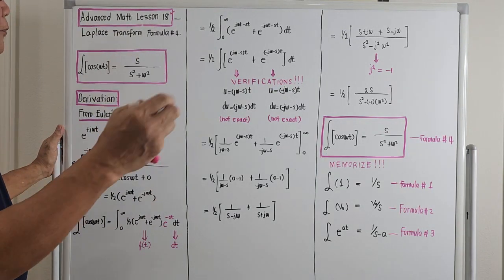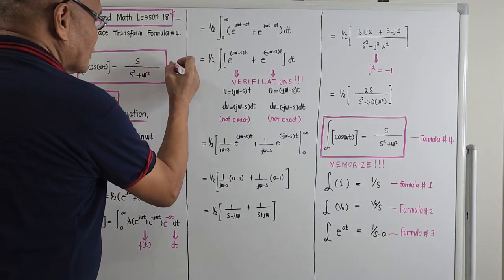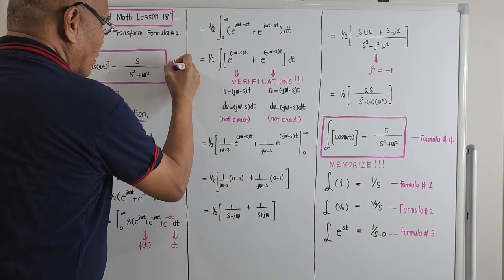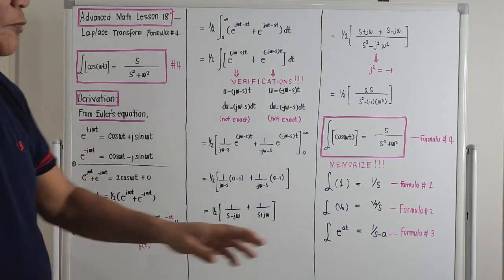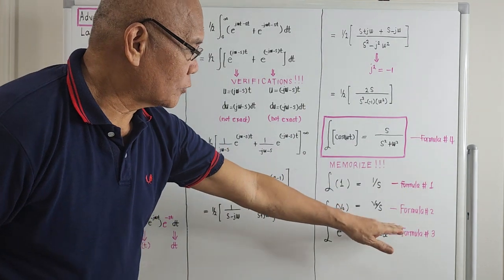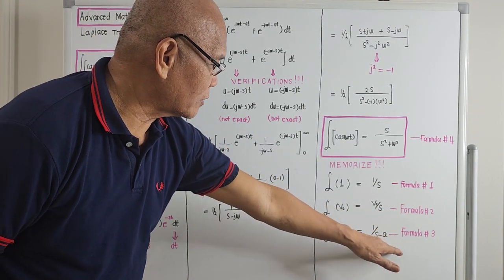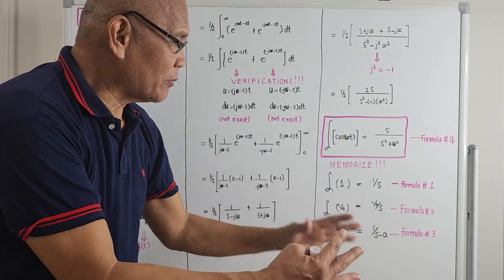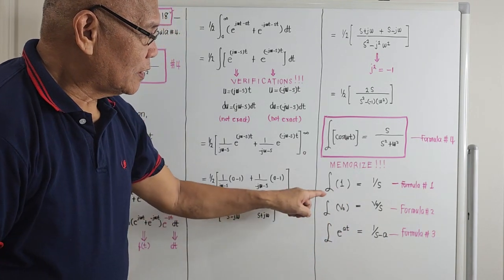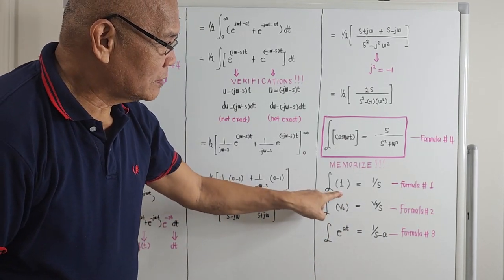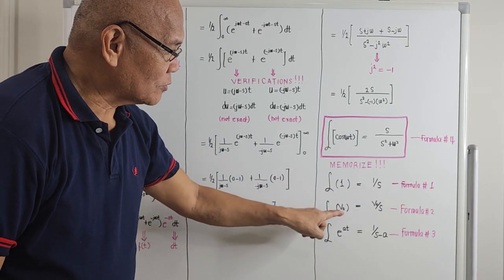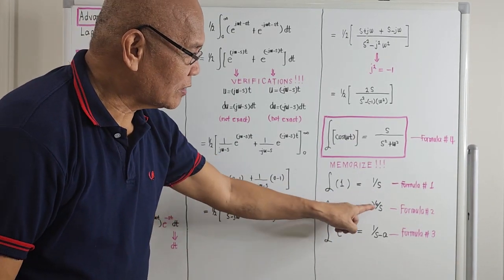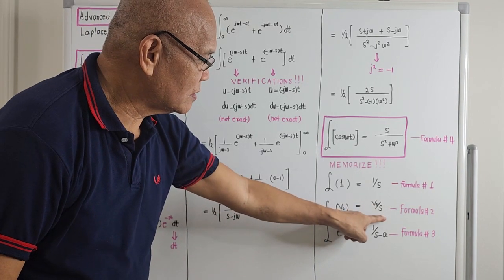Okay, the fourth formula is actually this. This is formula number 4. The last time around, we finished formula number 1, formula number 2, and formula number 3. I will repeat first the first 3. The Laplace transform of 1 is 1 over s. And the Laplace transform of b sub 0 is actually b sub 0 over s.